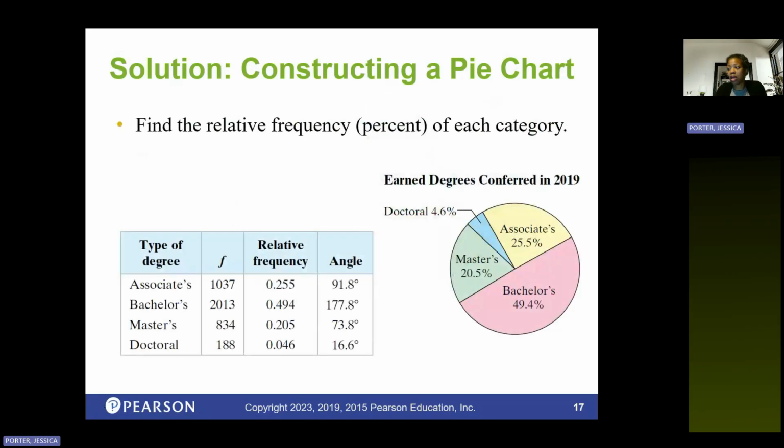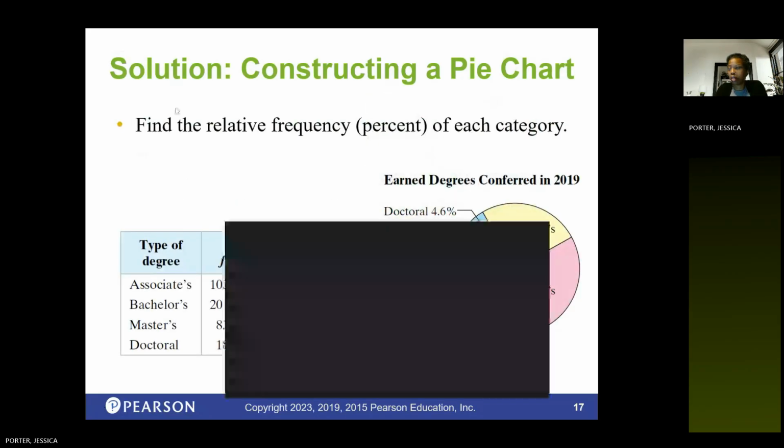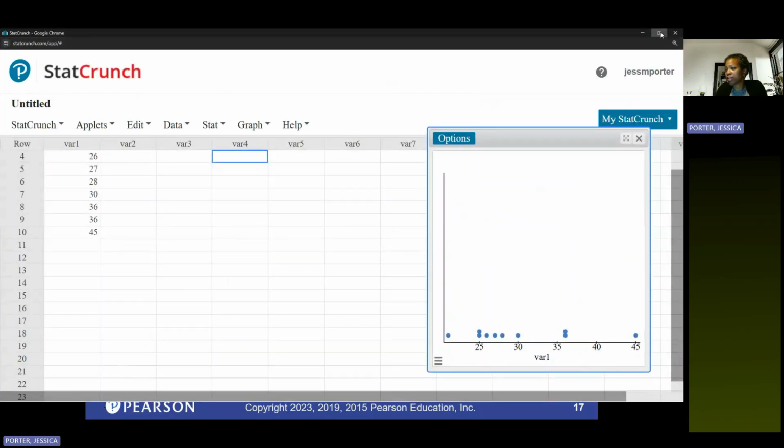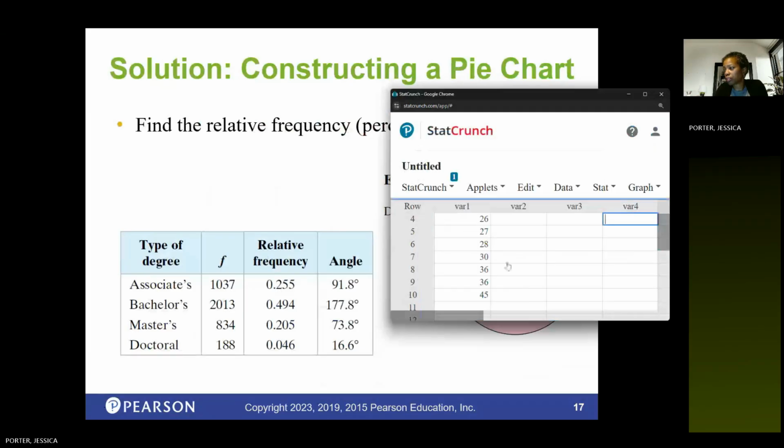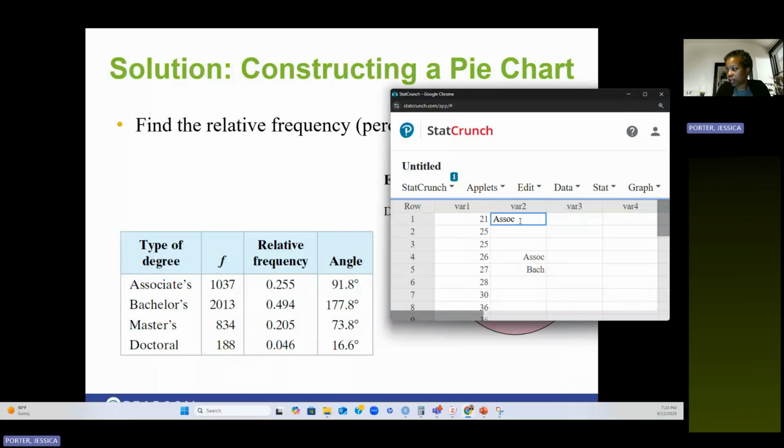Okay, let's look and see how we do this in StatCrunch. I probably should delete out this other stuff here.